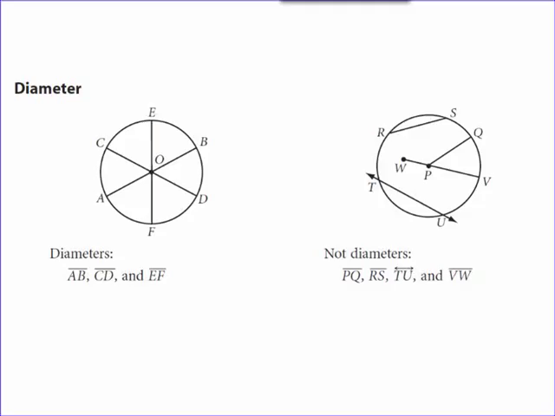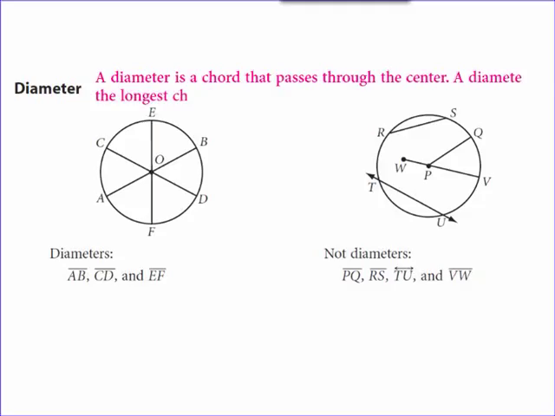Let's specify it even more. A chord that passes through the center? Perfect, that's exactly right. A diameter is a chord that passes through the center, and a diameter is also the longest chord possible in any circle.